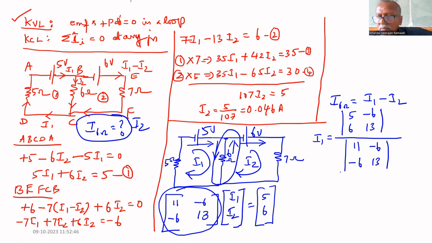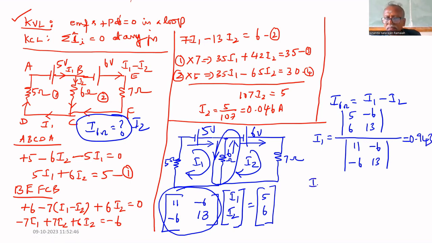By using Cramer's rule you can find I1. I1 equals 0.943.